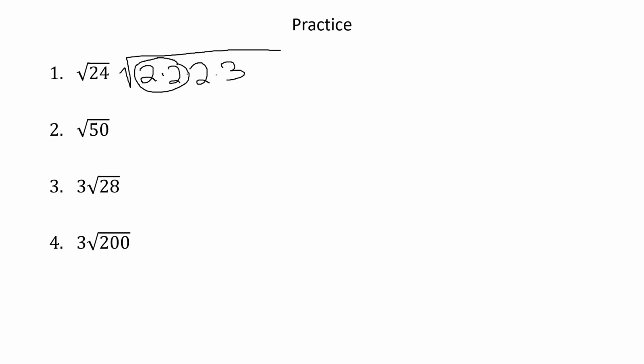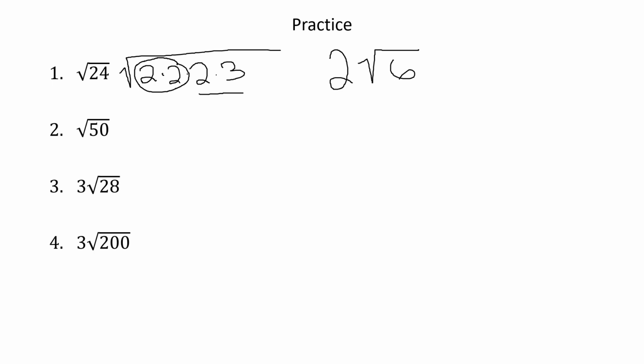That pair is going to pull out in front as 1. And just like when I had 2 things out front, if I have 2 things inside, I multiply them. So my fully reduced answer is 2 square root of 6.